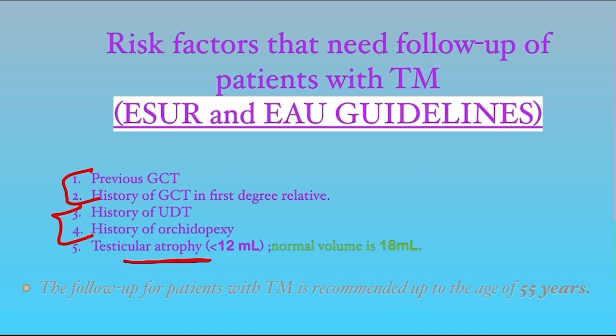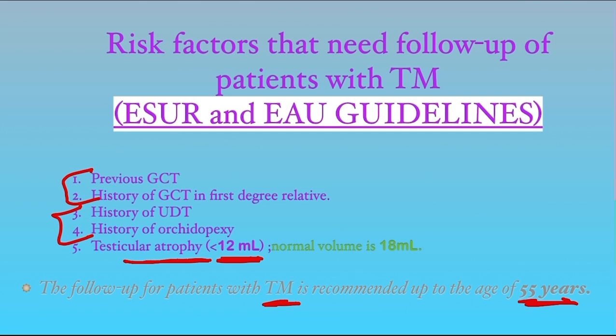And what is testicular atrophy? A volume of less than 12 ml is testicular atrophy. Normal volume of testis should be around 18 ml. If it is less than 12 ml, it is testicular atrophy, and it is a risk factor of carcinoma. The follow-up for patient with TM is recommended up to the age of 55 years.